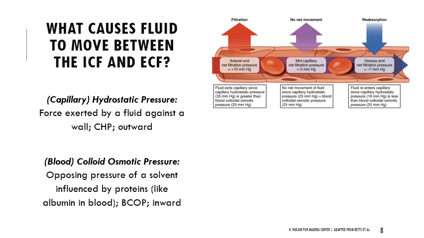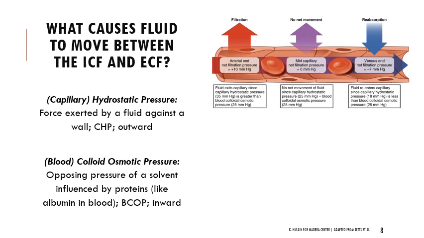This is hydrostatic pressure, or capillary hydrostatic pressure. There's a force that's exerted by that fluid against the walls of the vessel, so it's pushing outward, an outward pressure. Blood colloid osmotic pressure, on the other hand, is an inward pressure. It draws fluid inward, and it's affected by proteins and other solutes inside of the fluid. A huge example of this is albumin, which is a very important plasma protein. So again, this is drawing fluid inward.